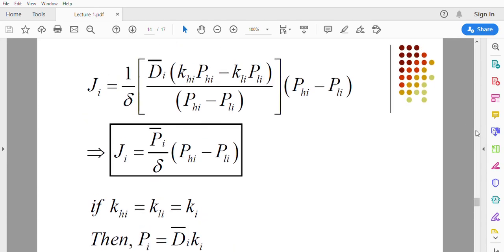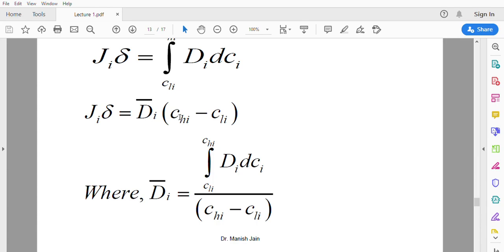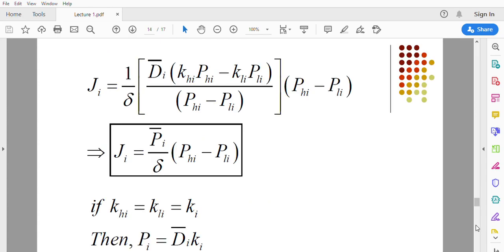Again, here we can use Henry's law, where Chi equal to KHI multiplied by PHI and CLI equal to KLI multiplied by PLI. And again, if KLI and KHI are not equal, then you can use this formula and it will become Pi bar, where Pi bar is the permeability of component I across the membrane, PHI minus PLI is the driving force across the membrane, and delta is the thickness of the membrane.